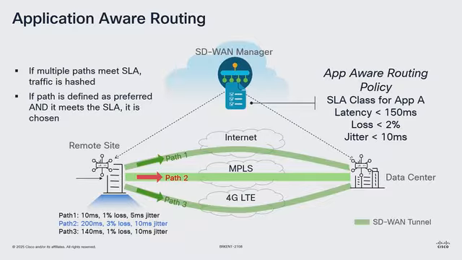Suddenly, one of the paths does not meet the SLA, and it starts behaving poorly. You don't want your application performance to be affected, right? So you would automatically steer the traffic onto the remaining available paths and leave out the non-performing path. So that is how application-aware routing works. It automatically steers applications to different paths whenever there is an SLA violation.